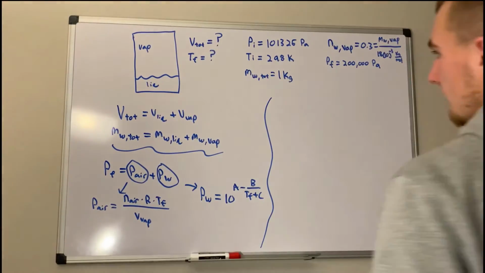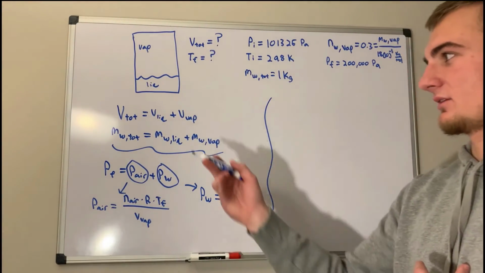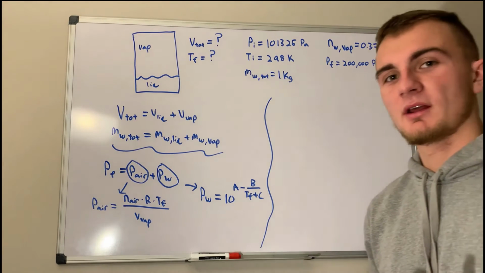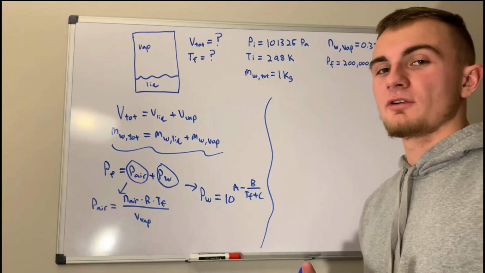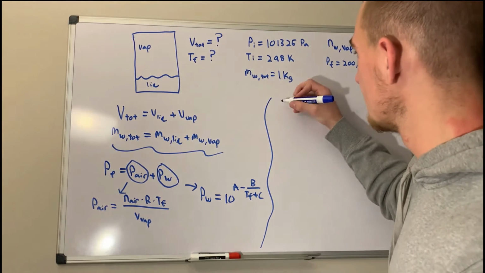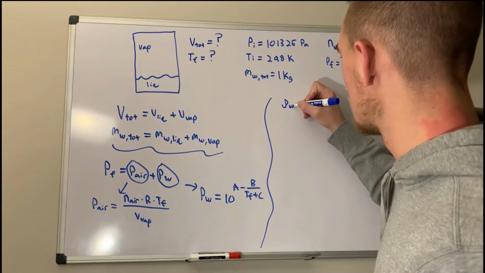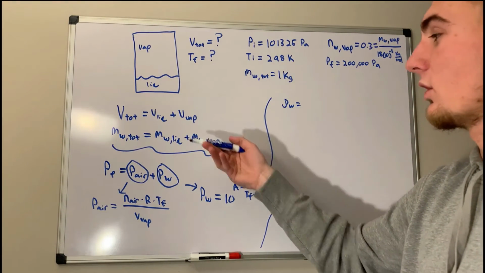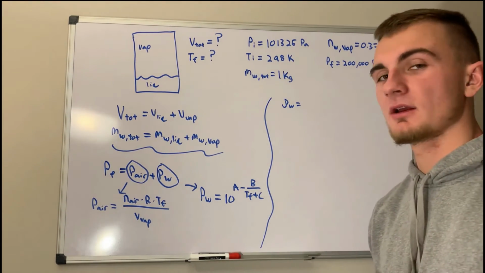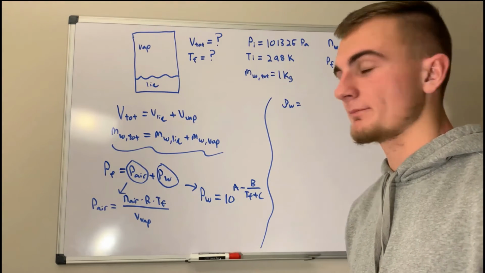Another thing we can look at is the volume of liquid. We know that density equals mass divided by volume. So we can say that the density of water equals the mass of the water in the liquid phase divided by the volume of the liquid.